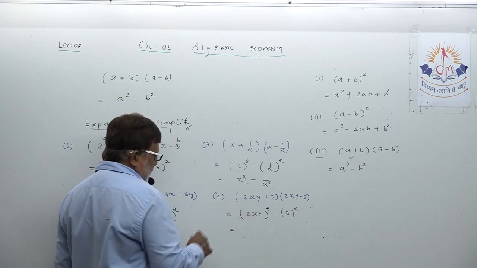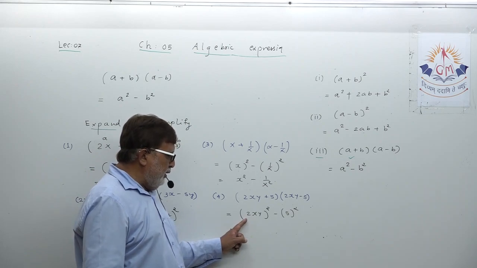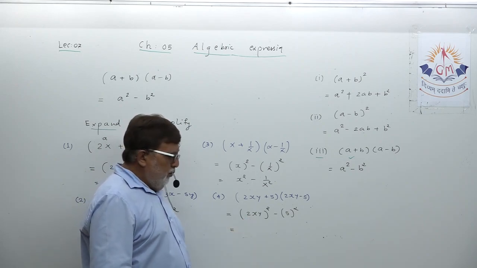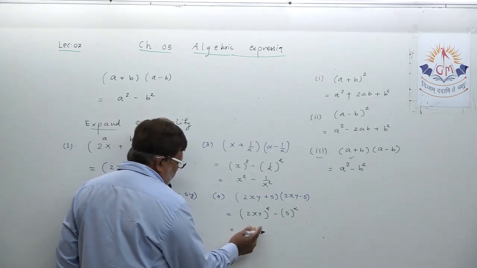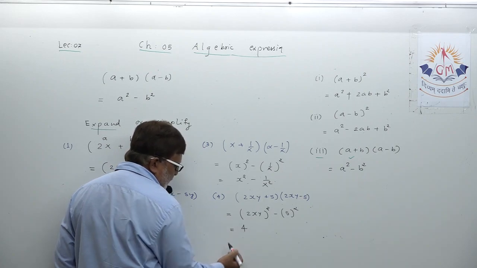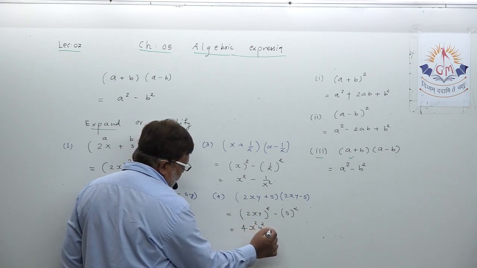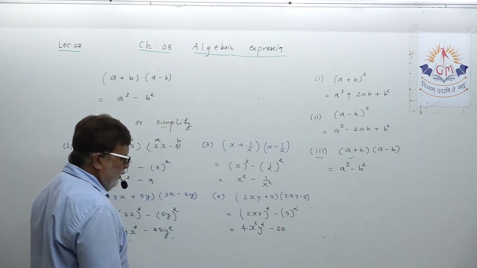Here many students are making mistakes. I have also explained in one of my lectures. When you write 2xy whole square, first you will write the square of 2, that is 4. Then square of x, you have to write x square. Square of y, y square, and then minus 5 square, that is 25.